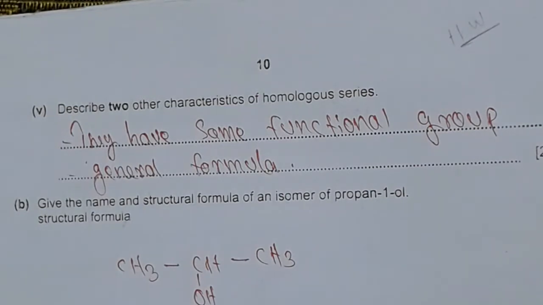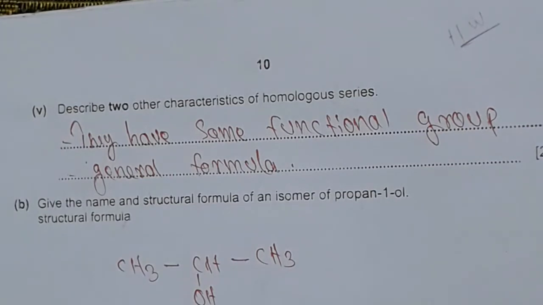Also they have the same functional group. All of them consist of the OH functional group. So homologous series means a series of compounds that have same general formula, same chemical properties, same functional group. Clear?